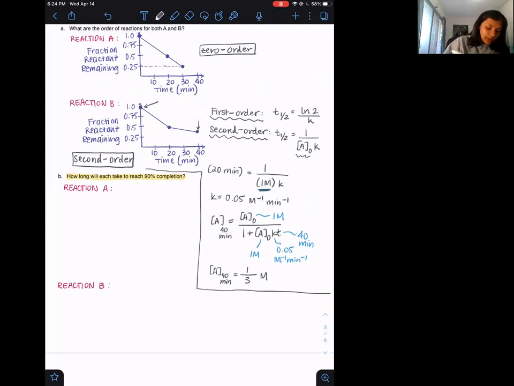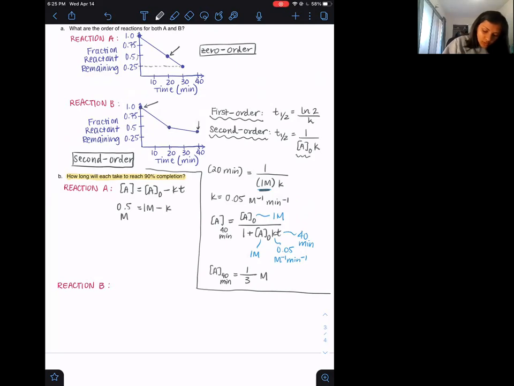And the zero order rate equation is concentration of A equal to A naught minus KT. And so here we can use, for example, the 20-minute time point at which 0.5 of the initial concentration is remaining. So if we again say that the initial concentration is 1 molar, that means that 0.5 molar remaining.